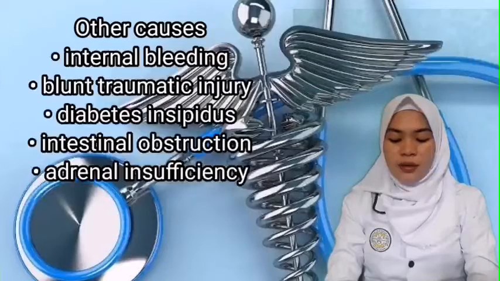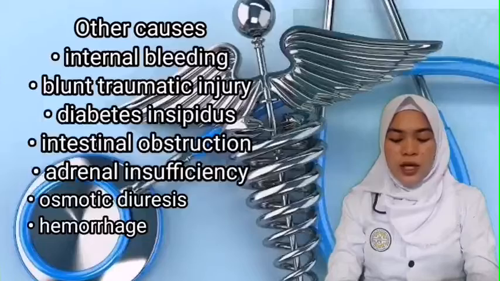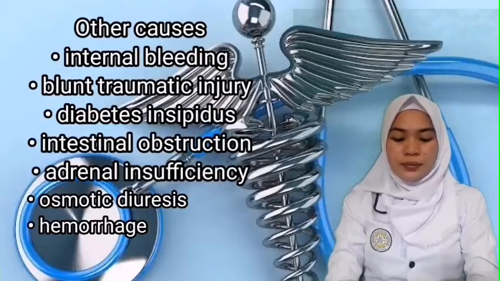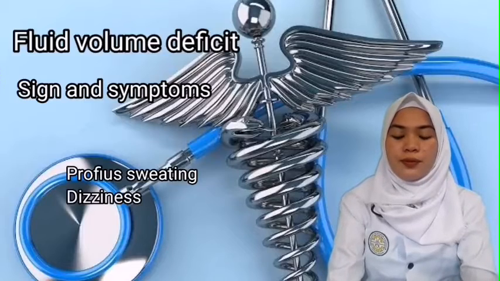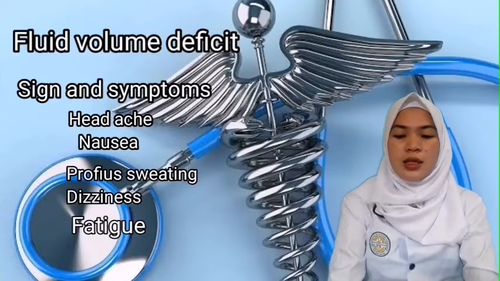Other causes: internal bleeding, blunt traumatic injury, diabetes insipidus, intestinal obstruction, adrenal insufficiency, osmotic diuresis, hemorrhoids. Fluid volume deficit signs and symptoms. Early symptoms: headache, nausea, profuse sweating, dizziness, and fatigue.